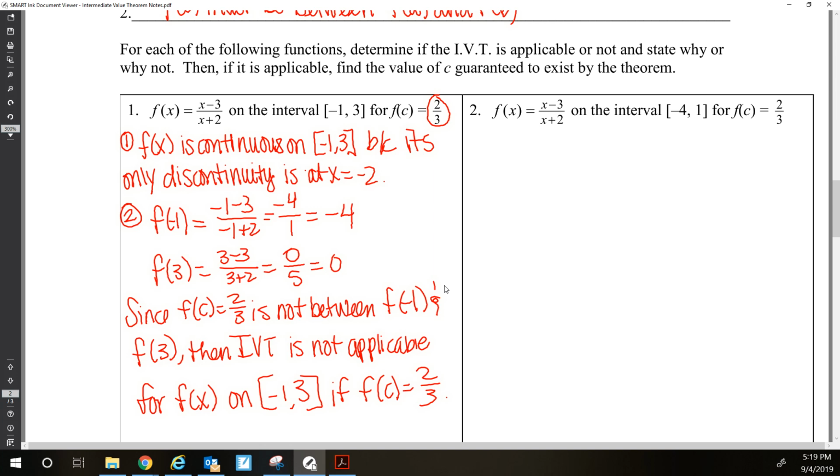So in other words, since 2/3 is not between -4 and 0, we can't use IVT because we didn't meet that second point.